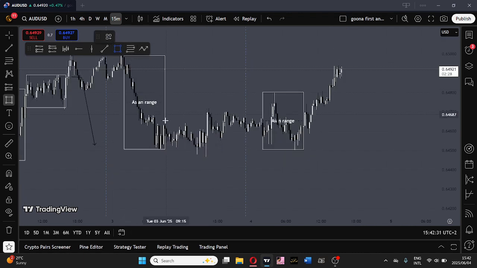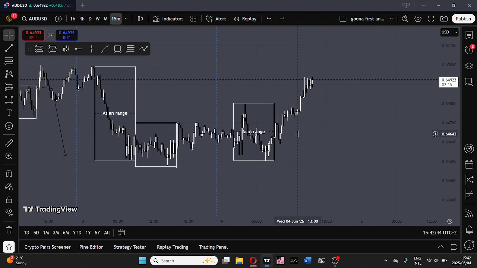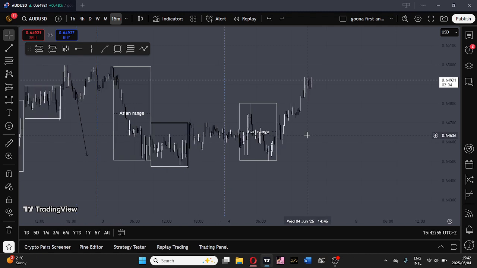Yesterday, Tuesday, liquidity was taken out right at 4 o'clock. Then it just kept ranging all the way till today, and liquidity was not taken out at 4 o'clock. It's almost 4 o'clock.